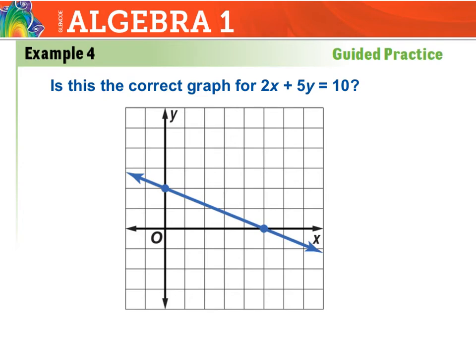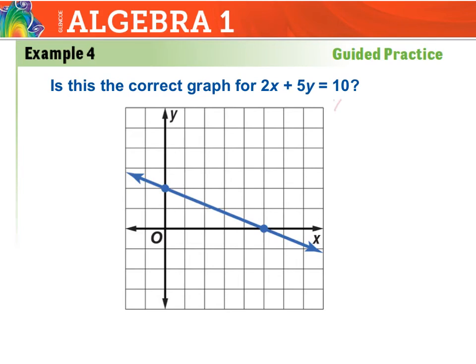Is this the correct graph for 2x plus 5y equals 10? I don't know if it is or not, but let's figure out the x and y intercepts, and then I can tell you. If we had an x-intercept of 1 and a y-intercept of negative 2, I don't think those are shown on this graph.